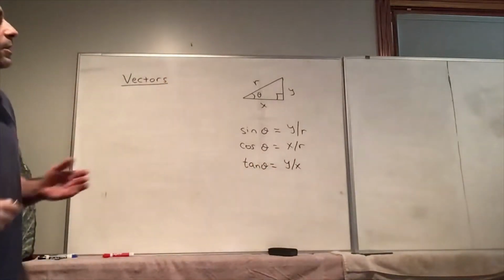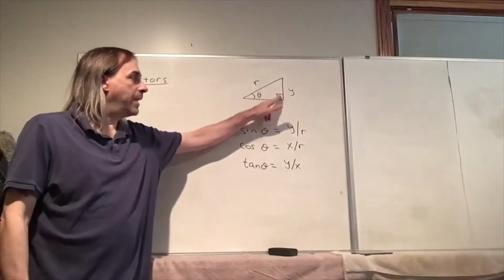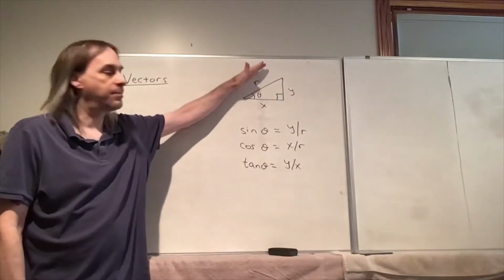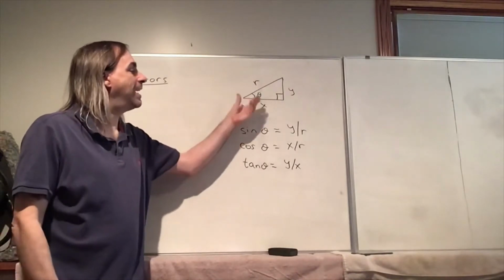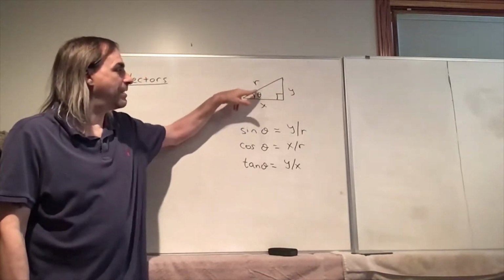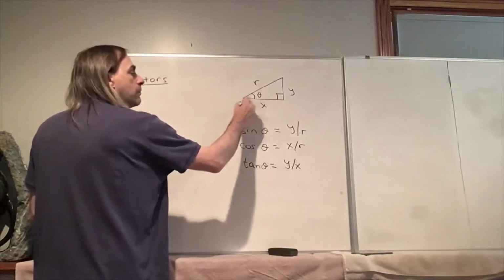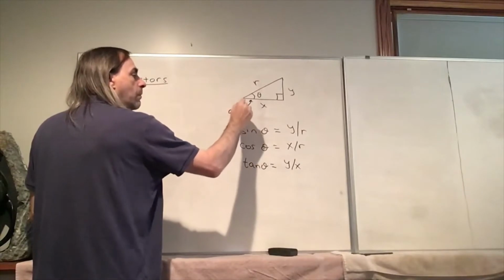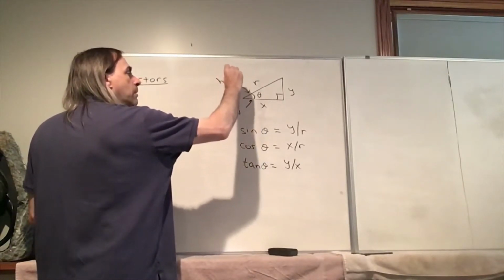So first, let's just look at the triangle. It has a right angle, and so we know the side opposite the right angle is going to be the hypotenuse. And if we have this angle, we can define the other two sides. This side here is connected to the angle, so we call this the adjacent side. The longest one is the hypotenuse.